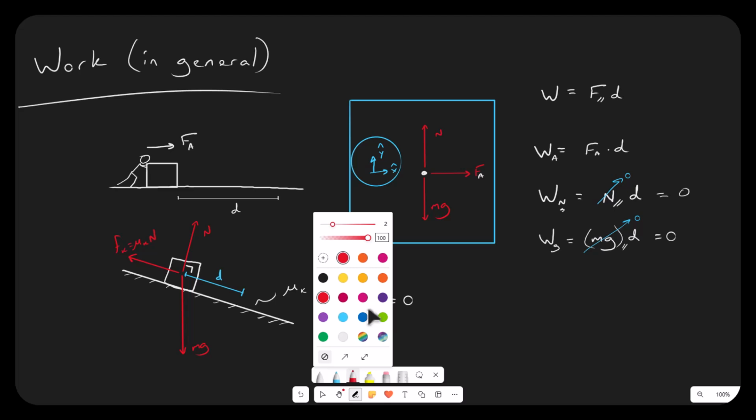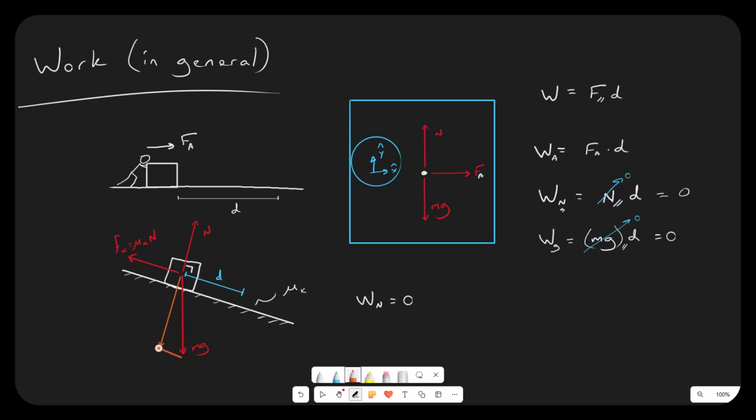The work done by gravity, I would have to split my gravity vector into components. I'd have to have an angle for my ramp. So angle theta, this side is an mg cos theta, this side is an mg sine theta, not a big deal.